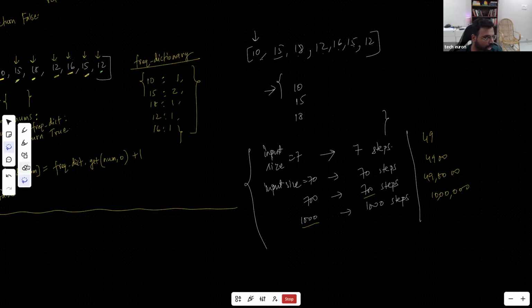Or I gave you the example of your car: if that many liters of petrol it is using per kilometer, then which one will you prefer to pay? The second one, this one, no?